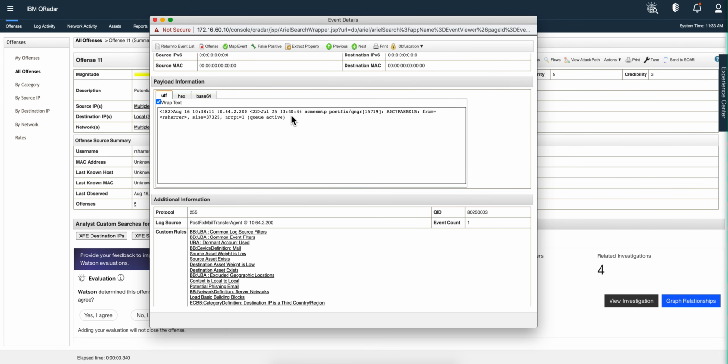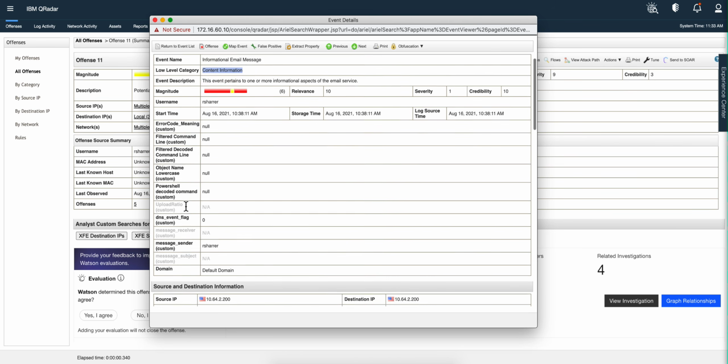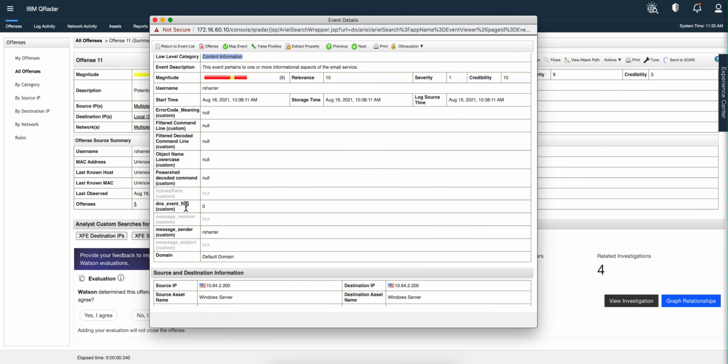But extract them from here and put them into what are called categories. For example, the category here is content information, to give it an event name, and to extract the fields, the custom properties like a username and other things, that can be used to put some logic in a rule, more on that later, that allows you to monitor and to detect those bad things.